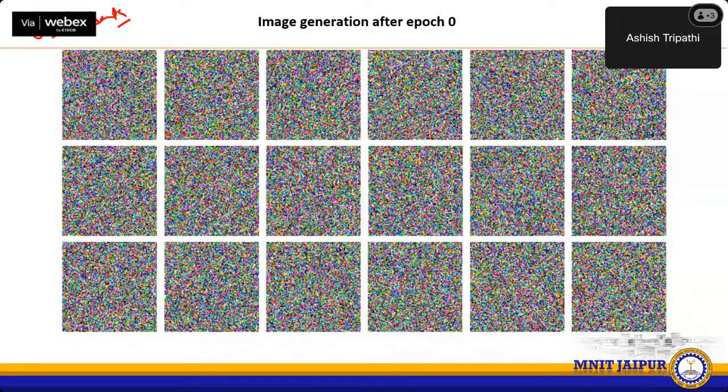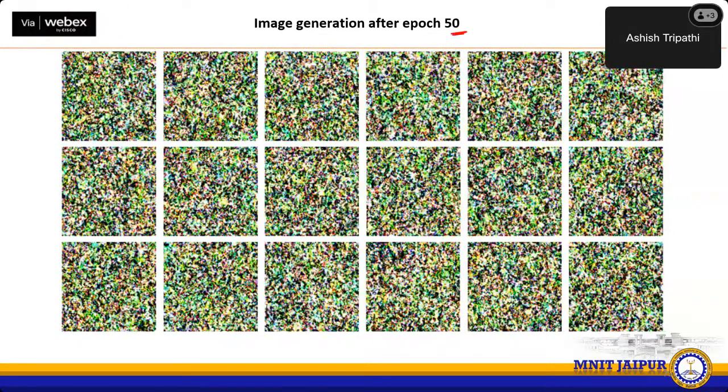You can see, these are the images after epoch 0 that we have done. These are the images after epoch 50. These are the original generated images from the code that I will give you. You can match the results by running the code that I will provide you. These are the images that we have generated after 50 epochs, and the data is of wheat images.